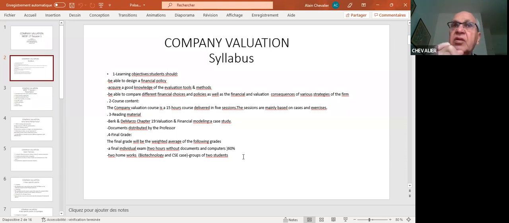And each group will receive additional material so that situations could be a bit different from one group to the other. It's something very classical with a PowerPoint presentation.